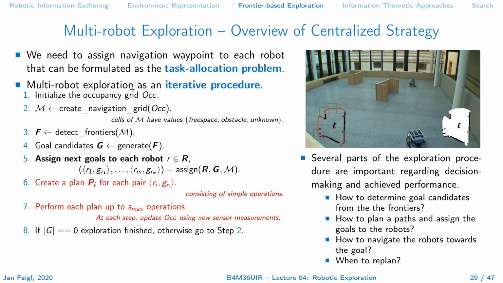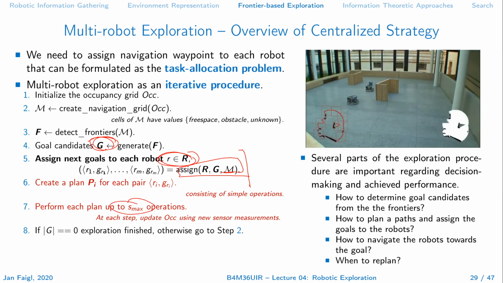We have the occupancy grid, we create the navigation grid, we threshold the occupancy probability, we detect the frontiers, we select the goal candidates, for example these free edges, representatives of free edges, and then this is the task allocation. We have a bunch of locations, we have a group of robots, and we are looking for the best assignment of the current goal candidates to the robots, using the current map. Then we create a plan for each robot, and then we perform the plan.